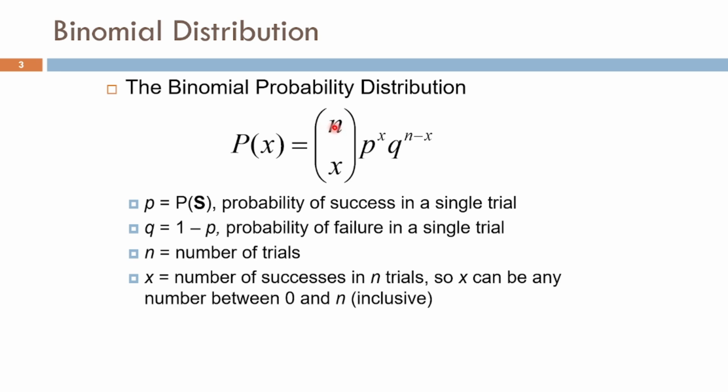Again, you can also calculate it using the binomial formula like this. You can calculate using 5C3 times 0.5 to the power 3, and then 0.5 to the power 2.